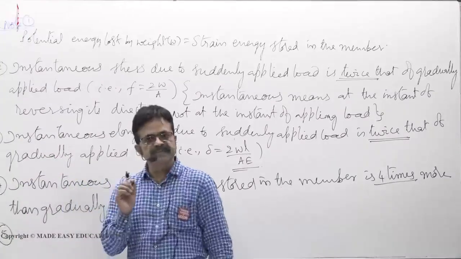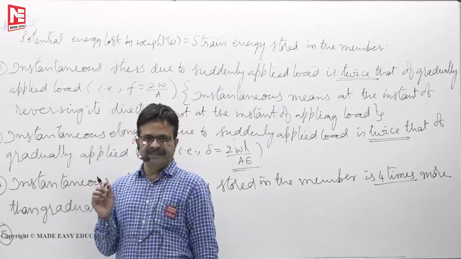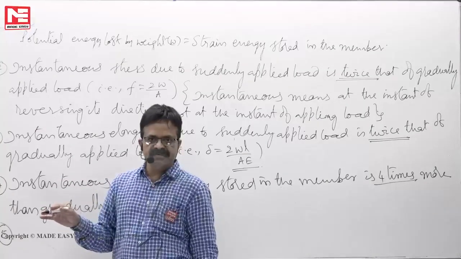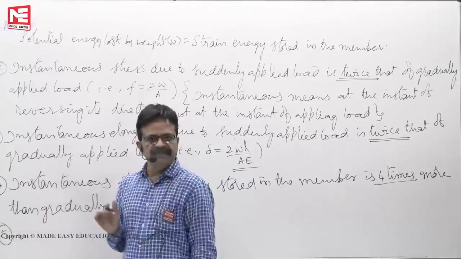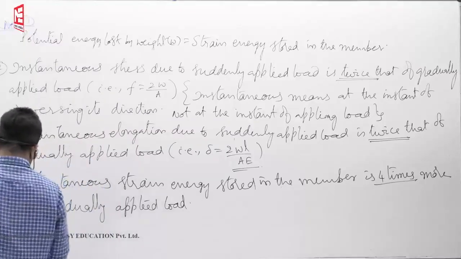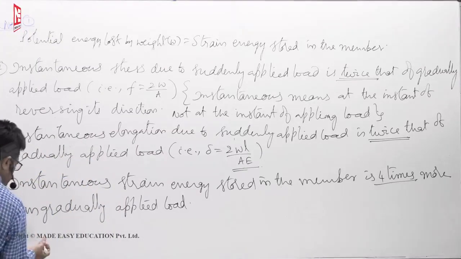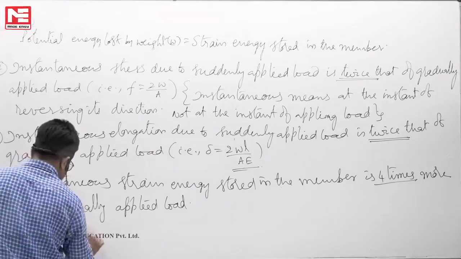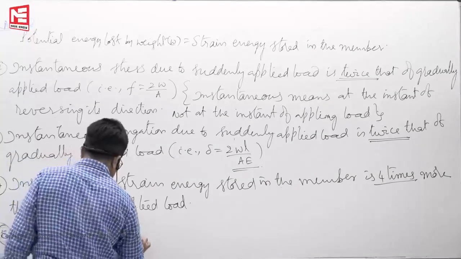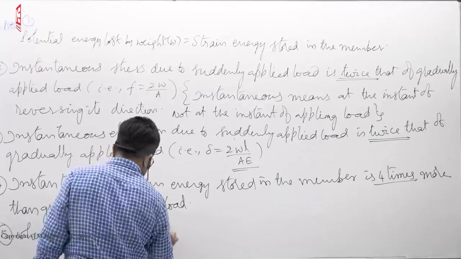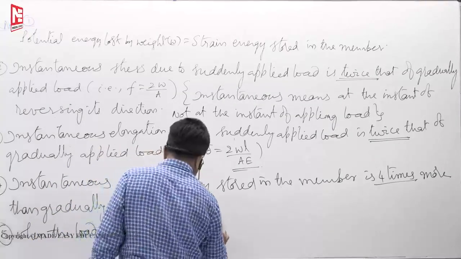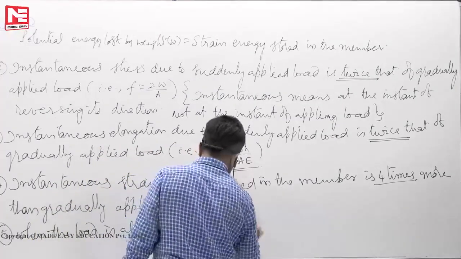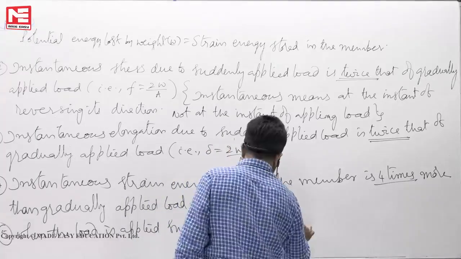The fifth point is when the load is applied suddenly, it will vibrate. Now after the vibrations are stopped, stress and strain are the same as that of a gradually applied load. So the fifth point is this one. When the load is applied suddenly, the bar vibrates.